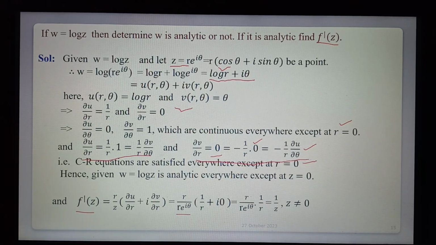So that is r by r into e power i theta into 1 by r. R cancels, so it is 1 by r into e power i theta, which is z, that is, 1 by z. So f dash of z is 1 by z. Indeed, w is equal to f of z is equal to log z, and the differentiation of log z is 1 by z, except z is equal to 0.